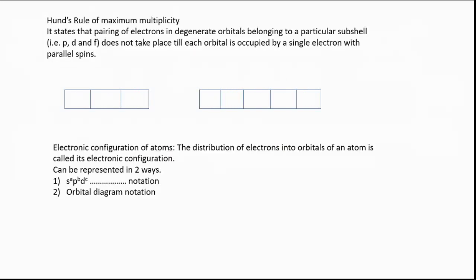The first type of notation is the orbital notation. If we have one electron in the s orbital, the electron number is written as a superscript after the orbital. Say I have 2 electrons in the s orbital and 3 electrons in the p orbital, this is how it is written.